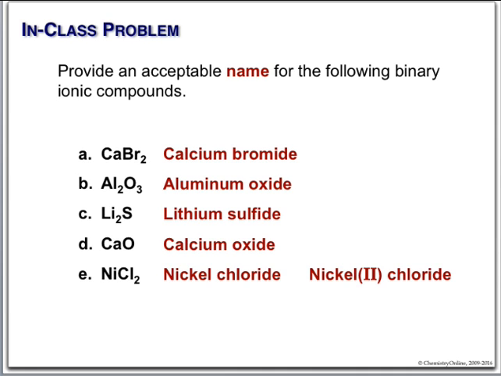And so the proper name for this is actually going to be nickel(II) chloride, where the 2 tells us that nickel has a +2 charge. That's getting ahead of myself a little bit. That's because transition metals, these guys in the middle, can quite often have different charges: 1, 2, 3, 4, whatever. So that's why for these, we're going to have to say what the charge is. But we'll do that in a little bit.